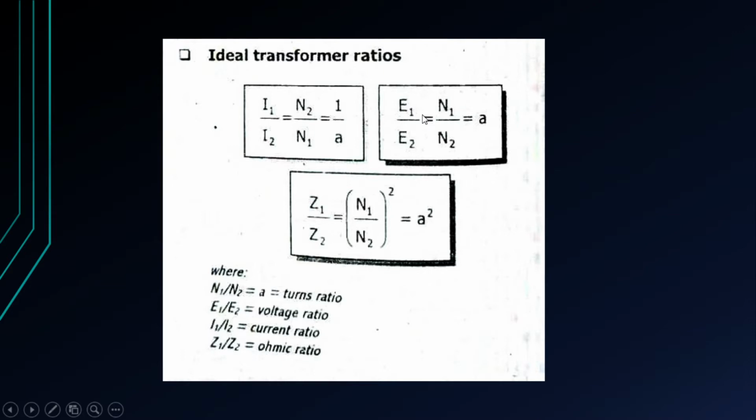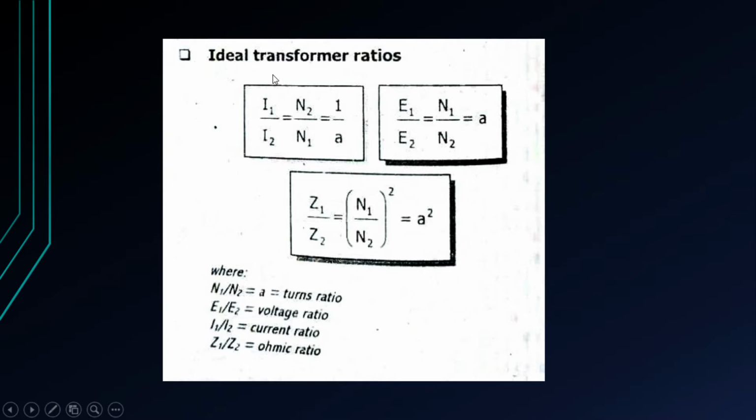So we have here the relationship. If we are going to find the voltage ratio, it is equal to the turn ratio or the A. While if we are going to find the current ratio, it is the reciprocal of the turn ratio or 1 over A. While the ohmic ratio, Z sub 1 over Z sub 2, is equal to A squared or N sub 1 over N sub 2, in parentheses, squared.